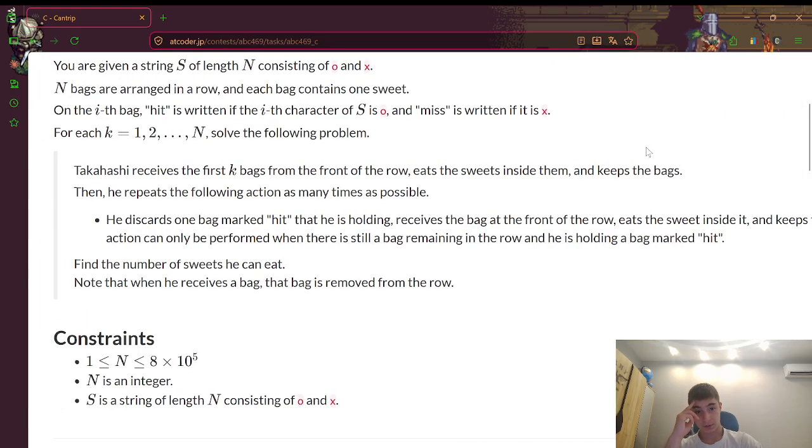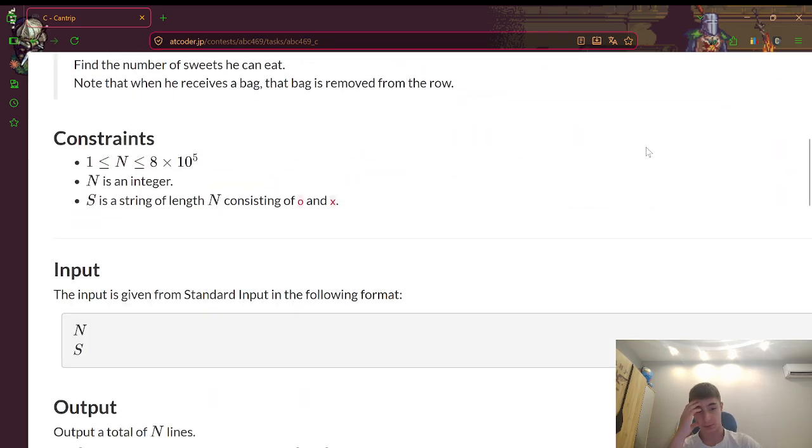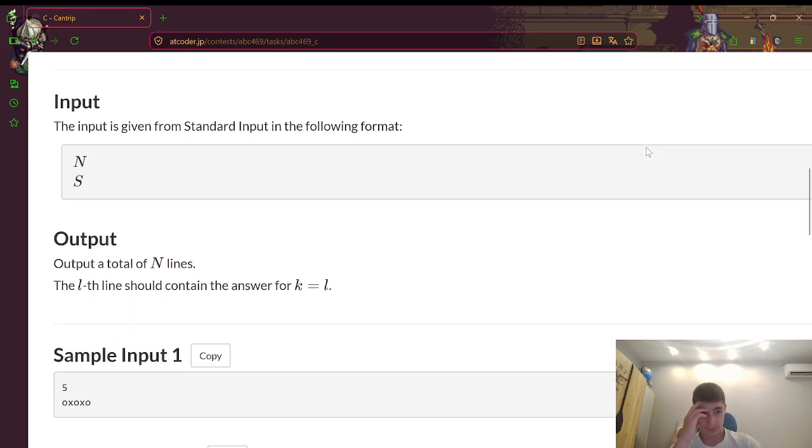This action can only be performed when there is still a bag remaining in the row and he is holding a bag marked hit. Find the number of sweets he can eat. Note that when he receives a bag, that bag is removed from the row. I couldn't understand it. Like, what the hell is that?